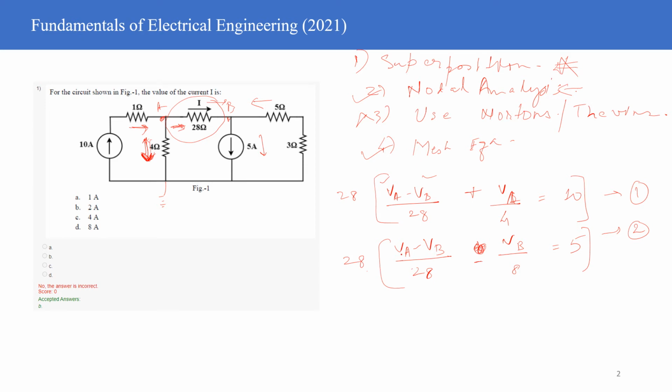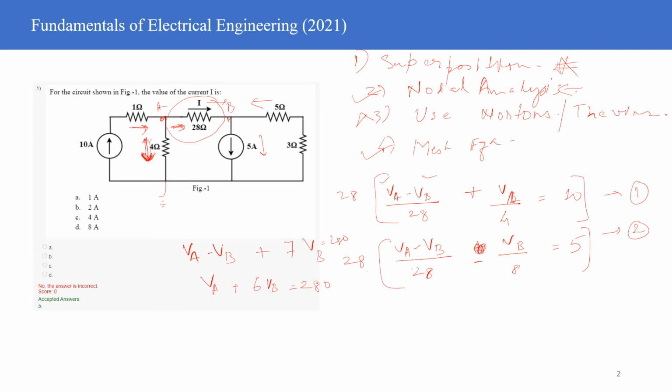So equation one will be reduced to a simpler form: VA minus VB plus 7 times VB is equal to 280, and this will give you VA plus 6 VB is equal to 280.